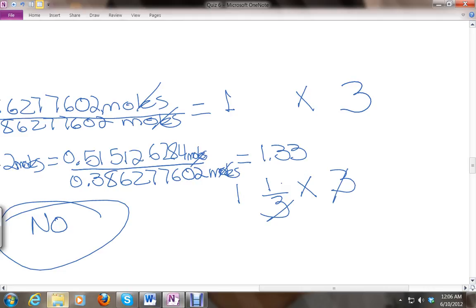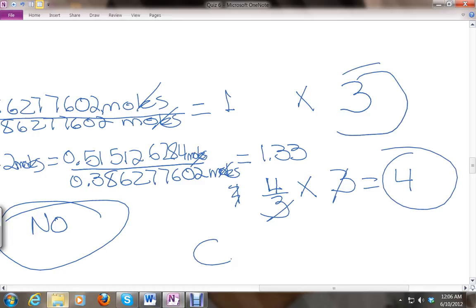This is going to be 4/3. Because 3 is 1, then 4/3. And it's going to be 4, and this is going to be 3, the carbon. So what is the empirical formula? C3H4.